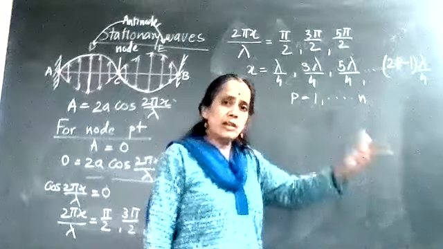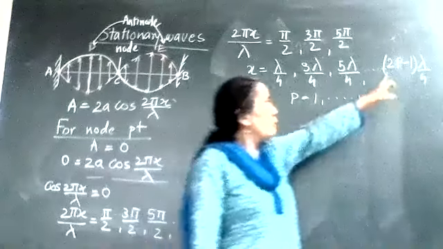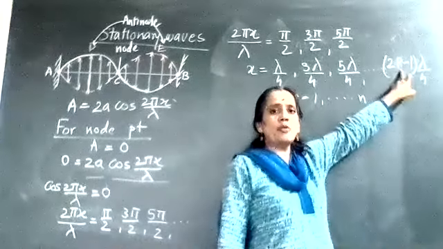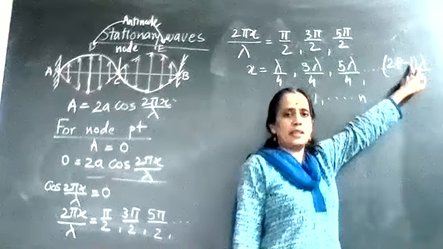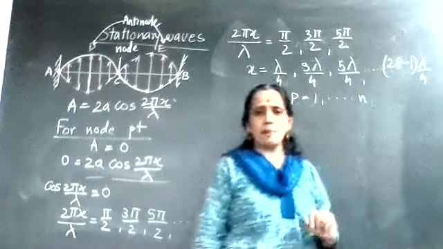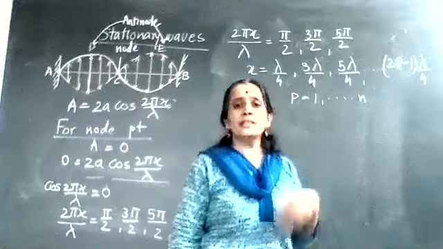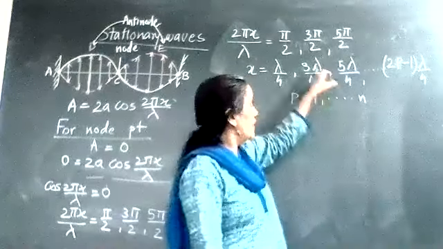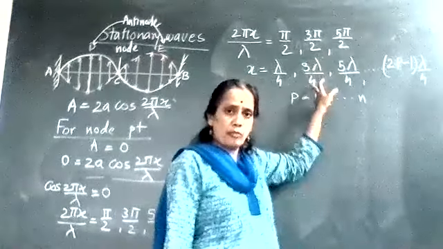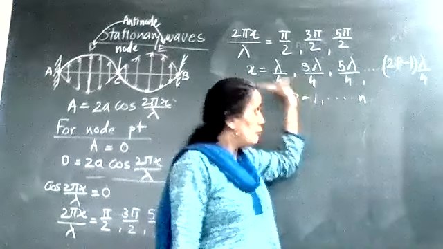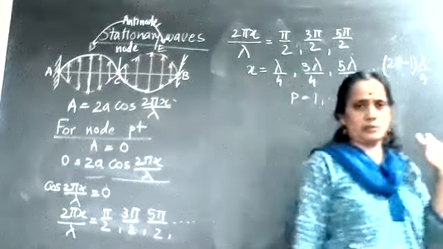Second node means now I will change the p value to 2. So p value 2, 2 into 2 is 4, 4 minus 1 is 3, and 3 is multiplied by lambda by 4. Means I will get the second node point at 3 lambda by 4. Got it? So for MCQ, this part is important.